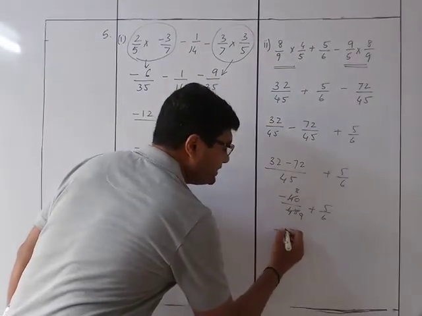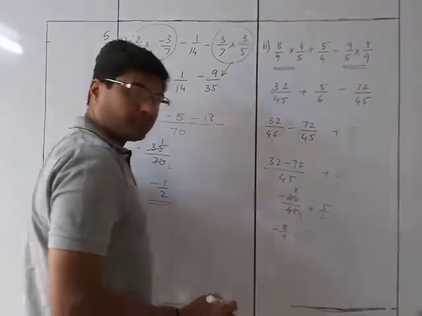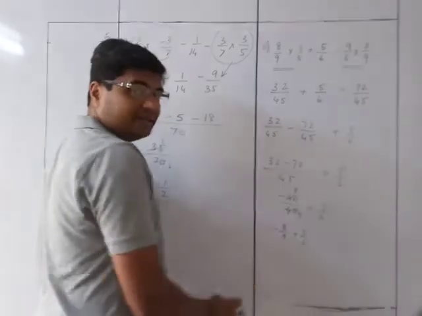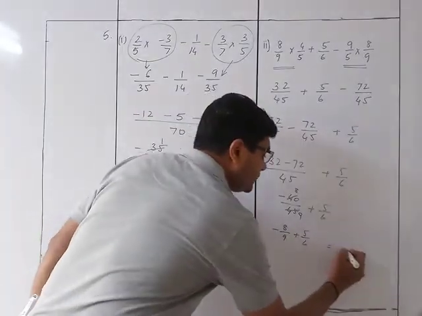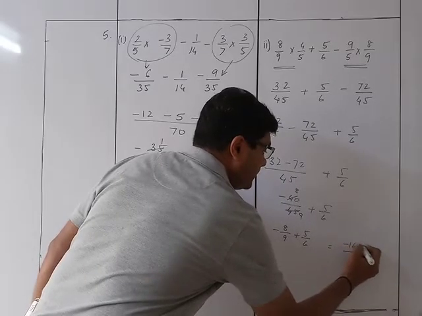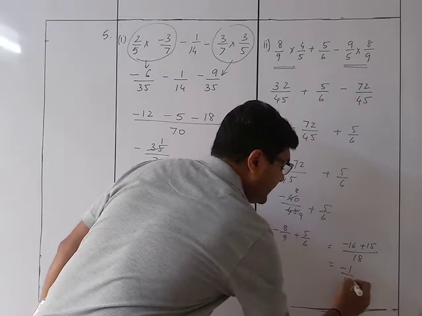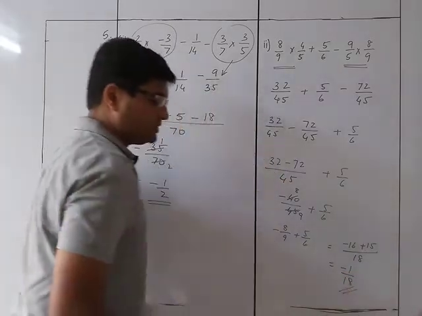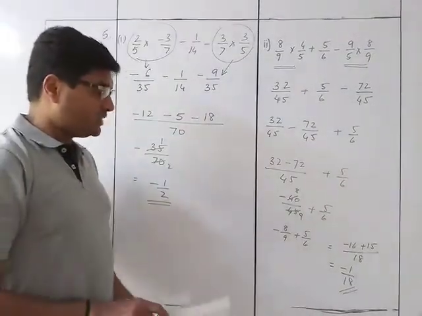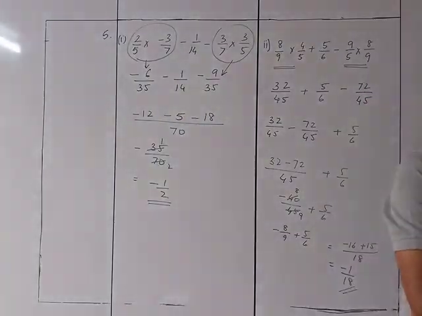So it will be minus 8 upon 9 plus 5 upon 6. Take the LCM over here, LCM will be 18. So this will be equal to 18, and here it will be minus 16 plus 15. So it will be minus 1 upon 18 as the final answer. Okay, so the final answer to this is minus 1 upon 18.